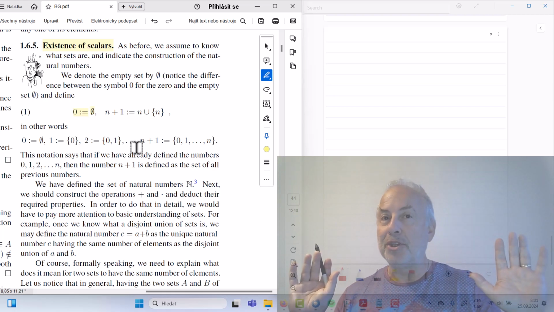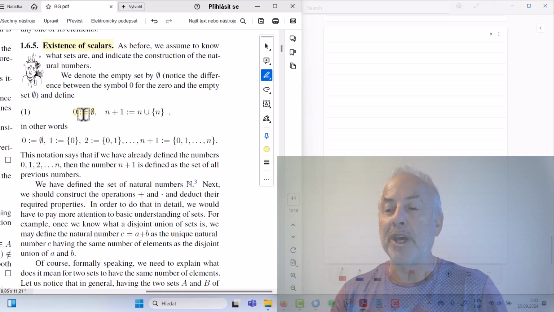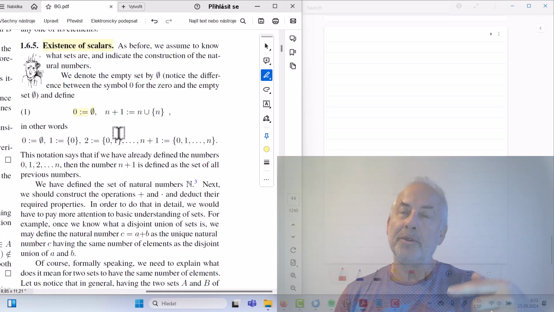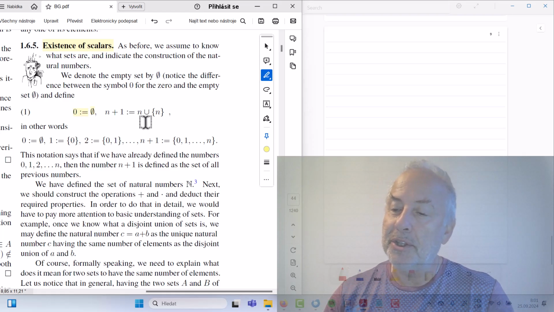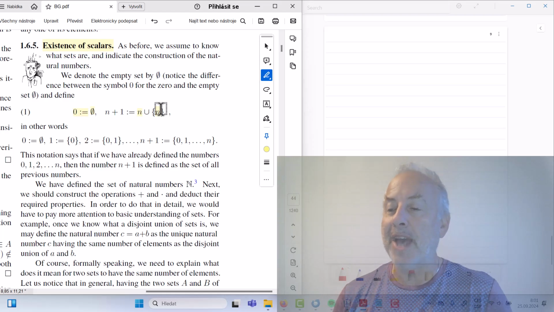So for us here, we assume that we know what the sets are, right? So the empty set is a well-known object, so let's take this as 0. And then we inductively define n plus 1, so the natural which is 1 bigger than the previous ones, as the union of the set n, the object n, with one new object, and that would be the one element set containing only n, right?